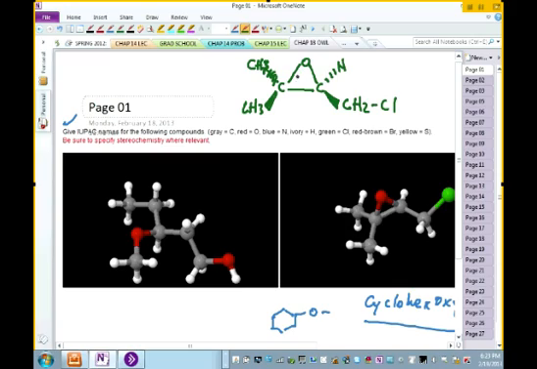Now, this is still an ether. It just so happens this is a cyclic ether. Now, the special name for this cyclic ether, we call this epoxide.